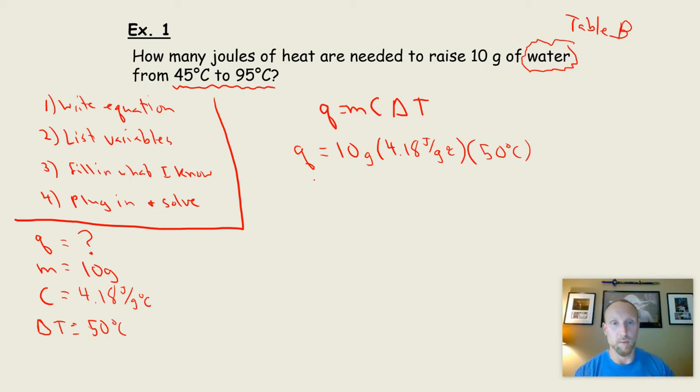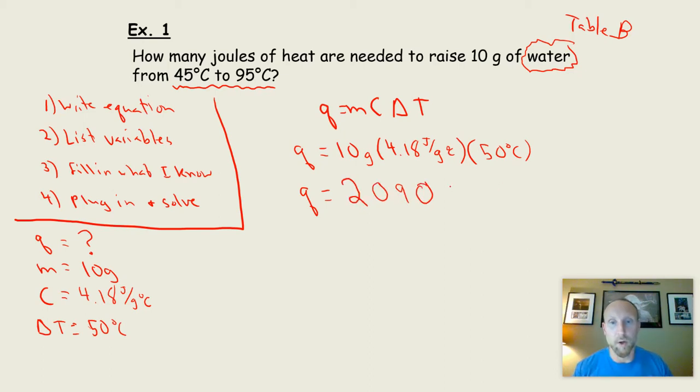All I have to do is multiply. Not so bad. I punch 10 times 4.18 times 50 into my calculator and I get 2090.